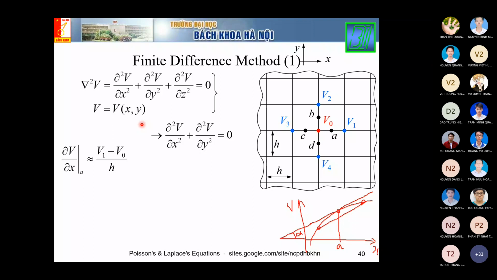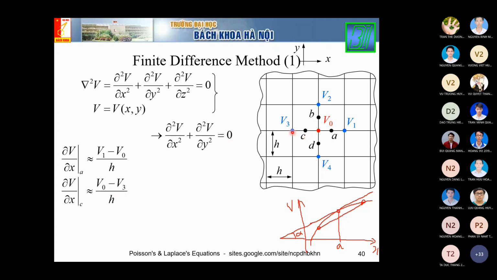So do you have any questions? Similarly, for delta V over delta X at the position C, we can replace that by this approximation.